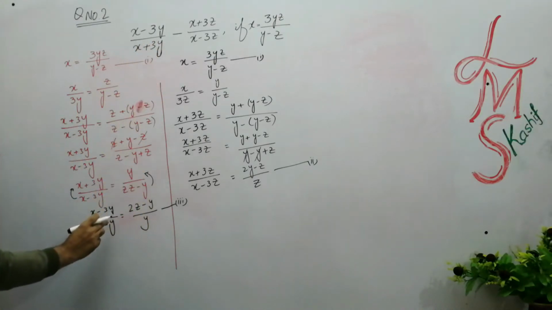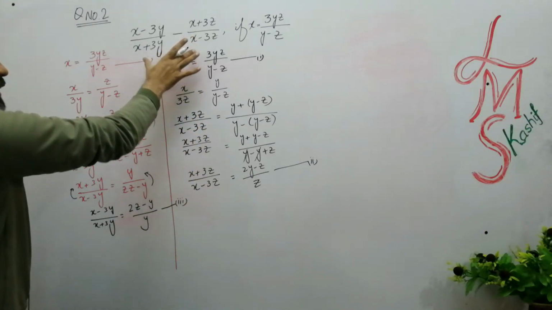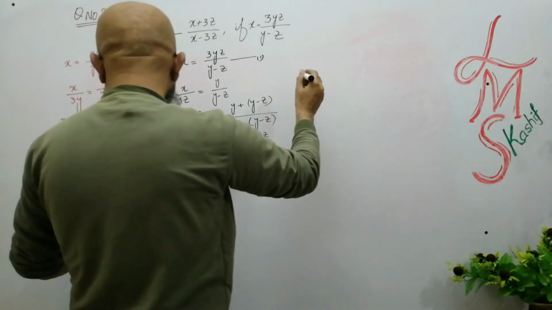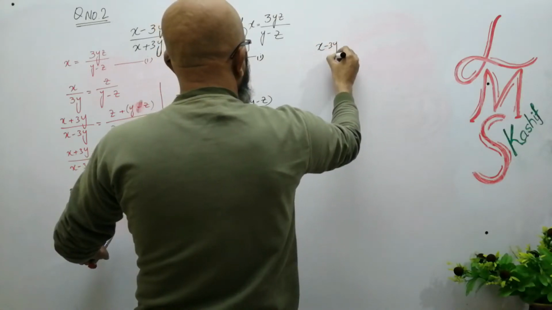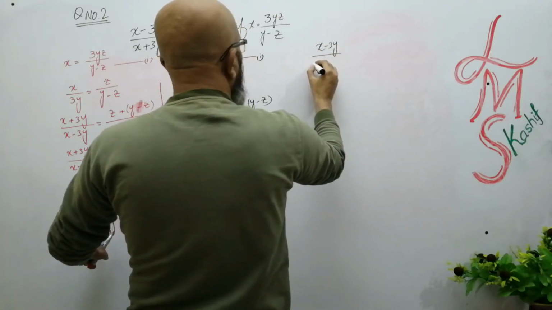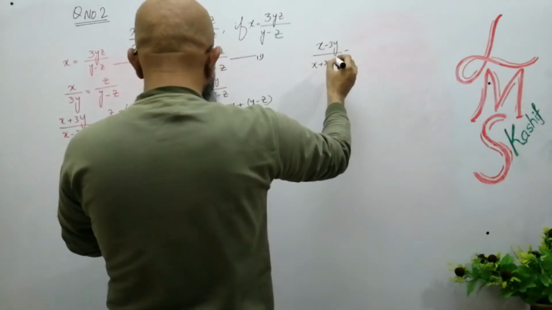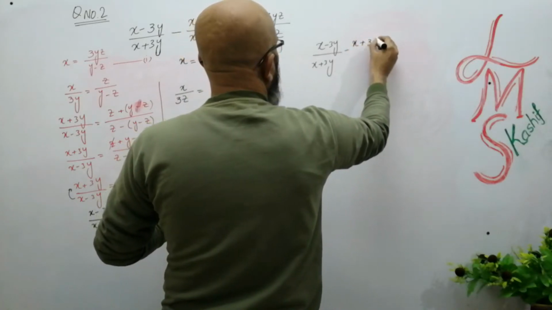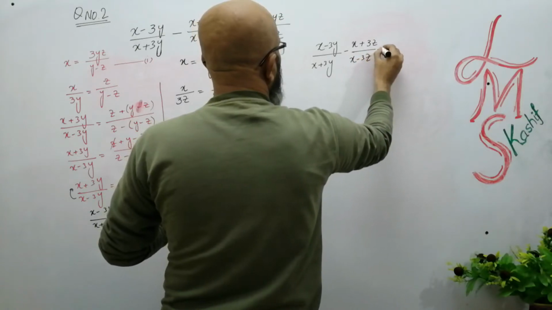So now we will subtract both equations to get the left hand side. So I will write here again: (x - 3y)/(x + 3y) - (x + 3z)/(x - 3z).